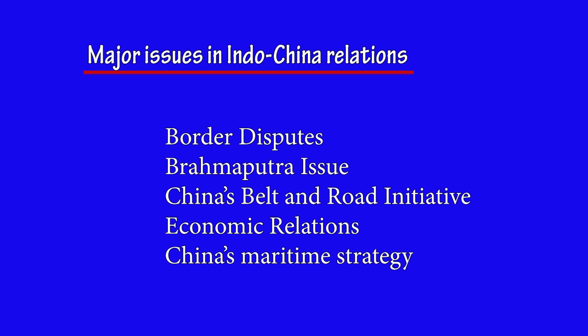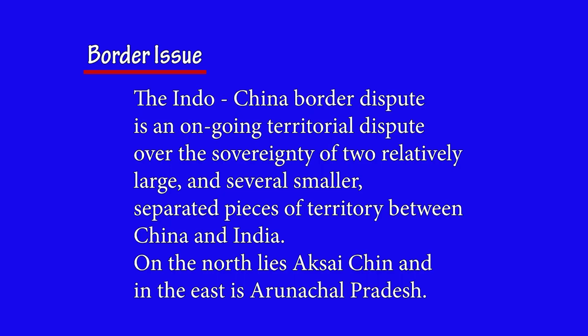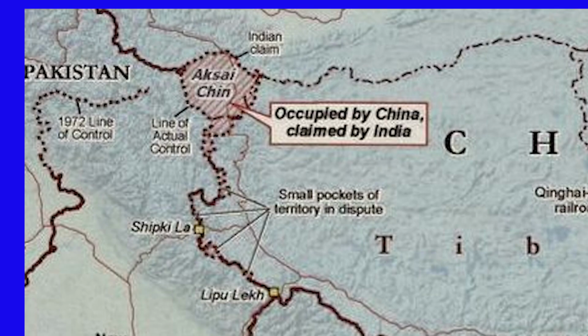Regarding border disputes, there are actually two specific border disputes between India and China. The first is regarding a territory that India claims to be its own and China also claims to be its own, that is, a part of Kashmir in the Ladakh area that China calls Aksai Chin, and it is actually under Chinese occupation.